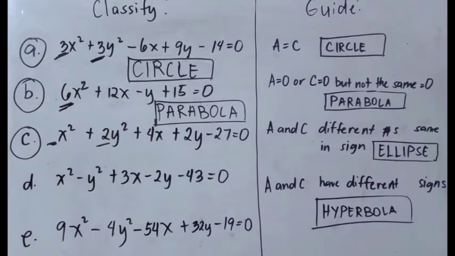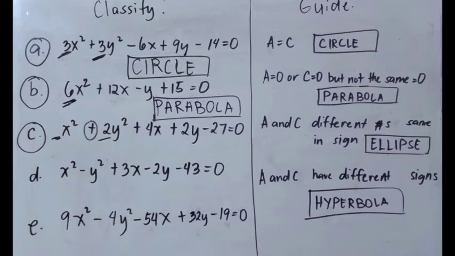In letter C, our equation is x squared plus 2y squared plus 4x plus 2y minus 27 is equal to 0. But we notice that a and c are not the same, or the coefficients of x squared and y squared are not the same, but still they have the same sign, which is positive, because we have positive x squared and positive 2y squared.